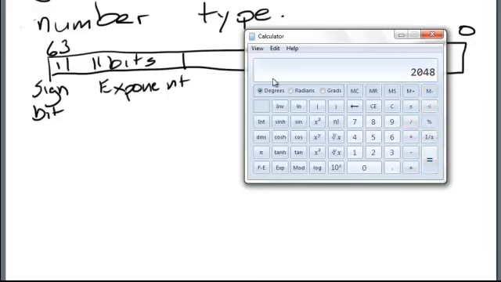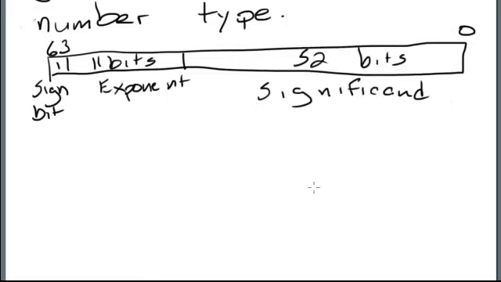You want negative and positive exponents, so you're going to have to cut that in 2. So that's 1024. I'm not sure of all the precise way this works, but you can have up to positive 1024 to negative 1024.